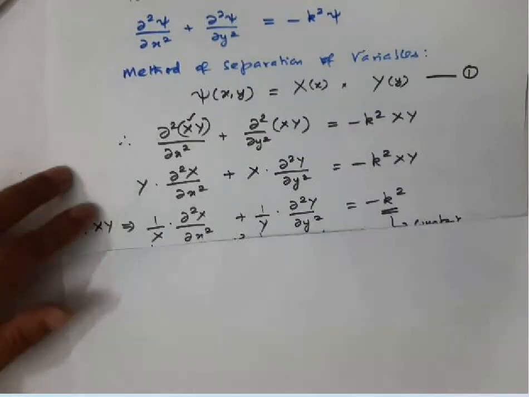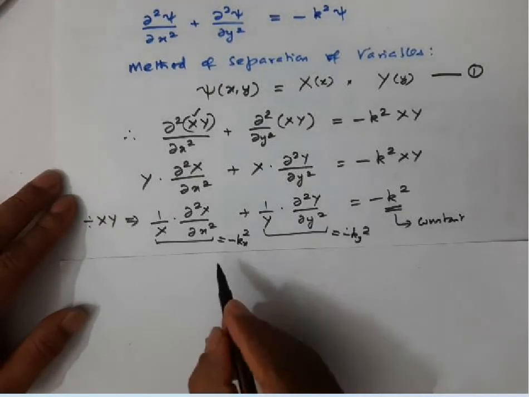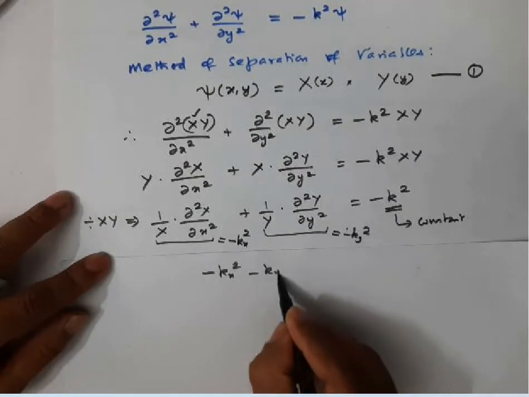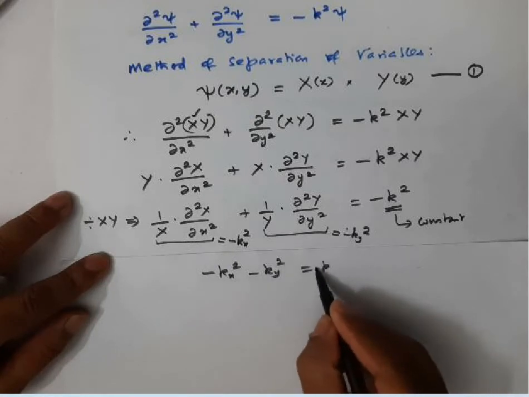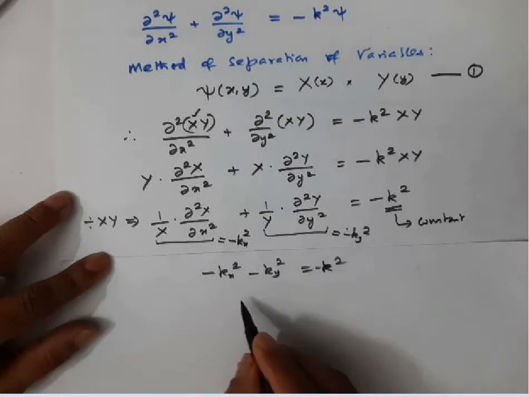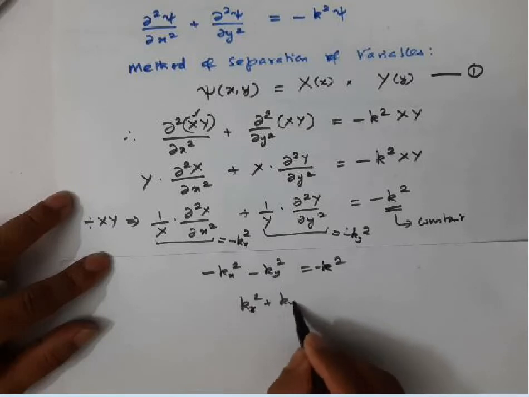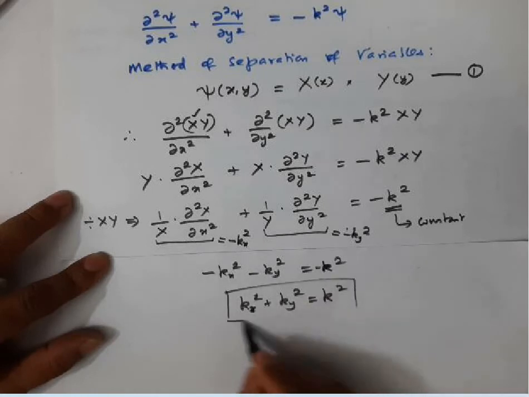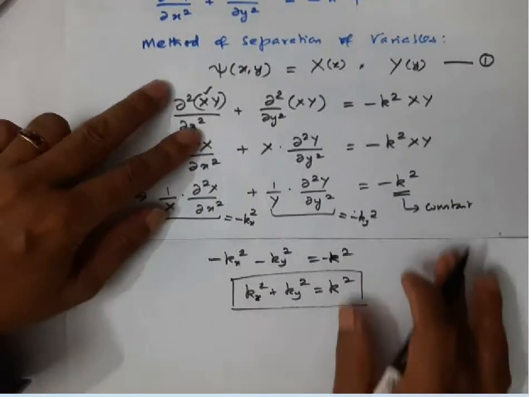Listen. So what I'm trying to say here is minus kx² and minus ky², if you add them, you will get minus k². Or I can say kx² plus ky² equal to k². Right?